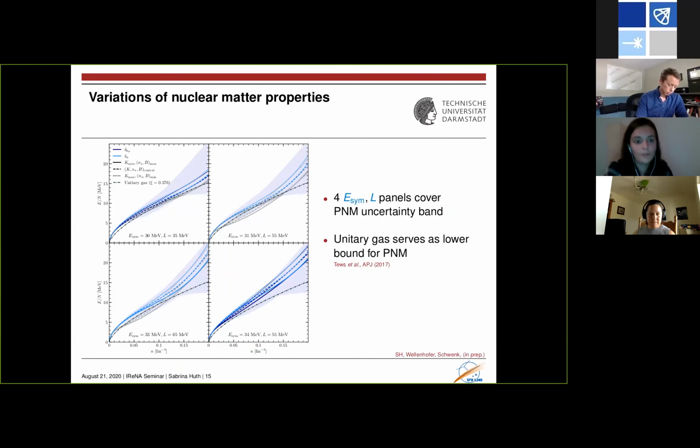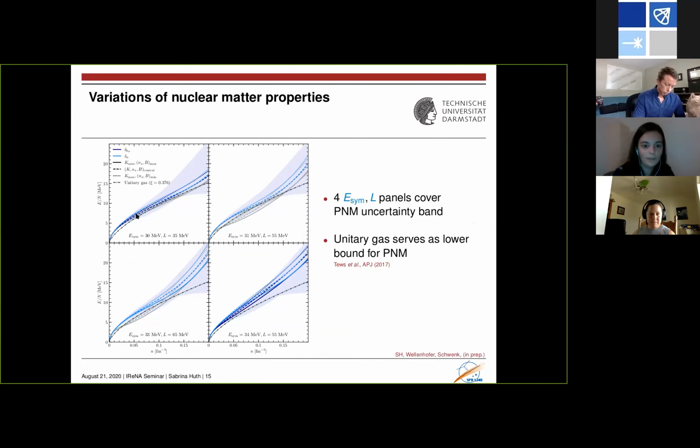And to show you that they cover the whole pure neutron matter uncertainty band, I show you here 4 panels for the energy per particle as a function of density. Every panel corresponds to 1 pair of symmetry energy and slope parameter, but I won't go into details here.